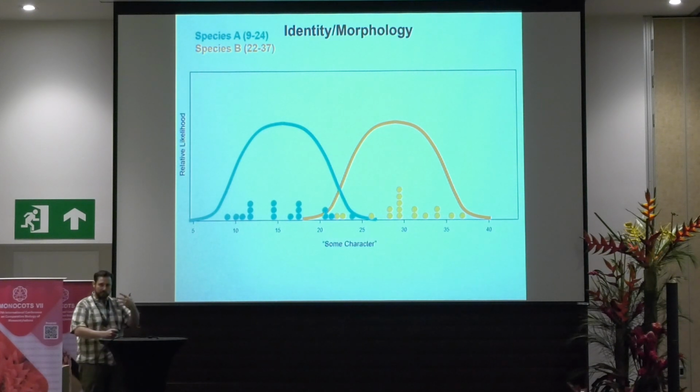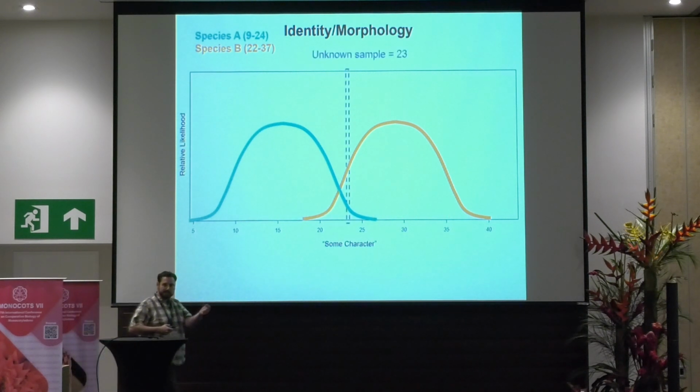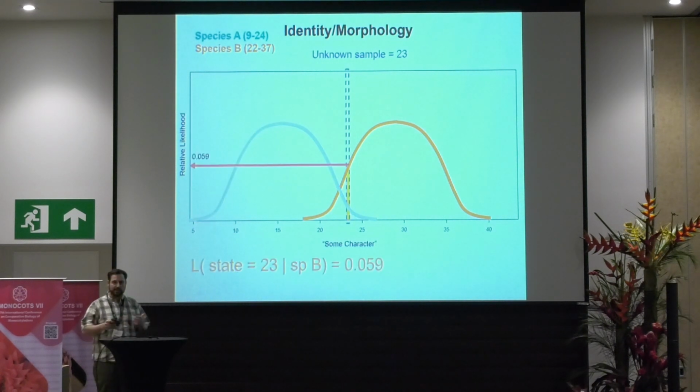And when we do this, when we model probability distribution functions, what that can do is if we have an unknown taxon, so say our unknown taxon is 22 millimeter wide leaves, which is in that zone of overlap, well, now we can actually get a relative likelihood for each of the two taxa.